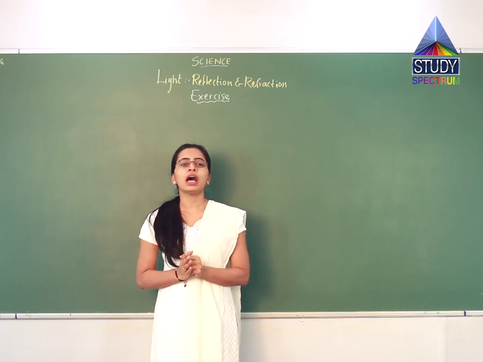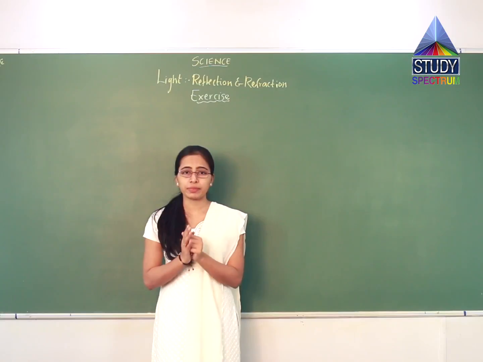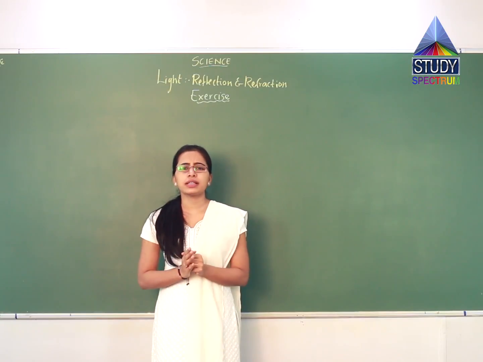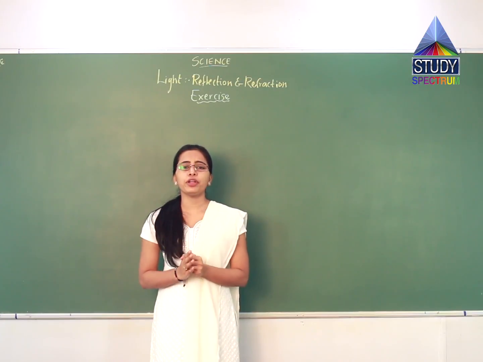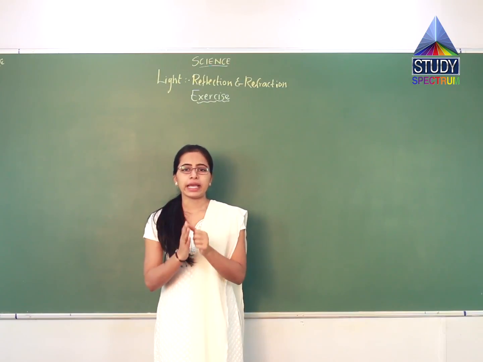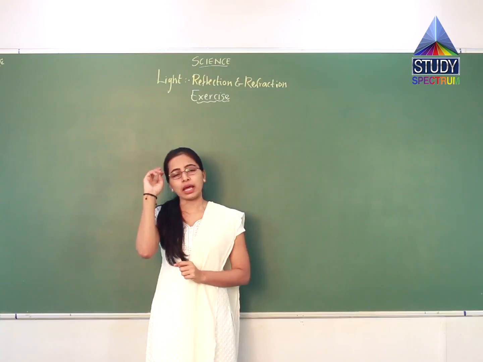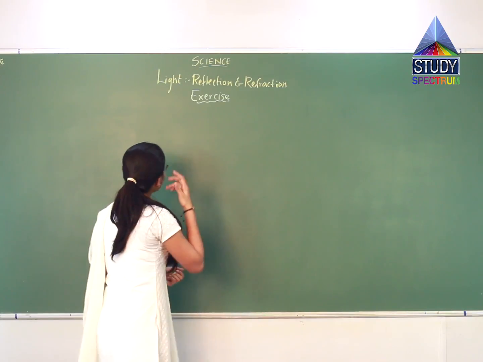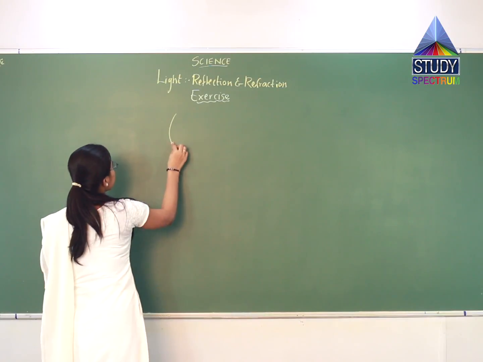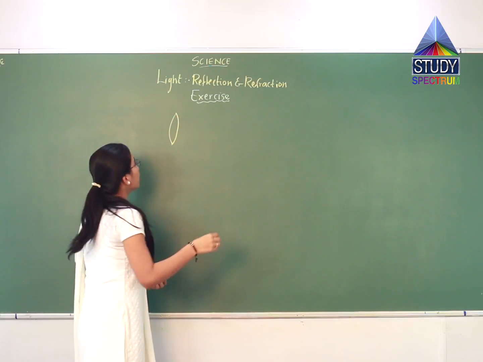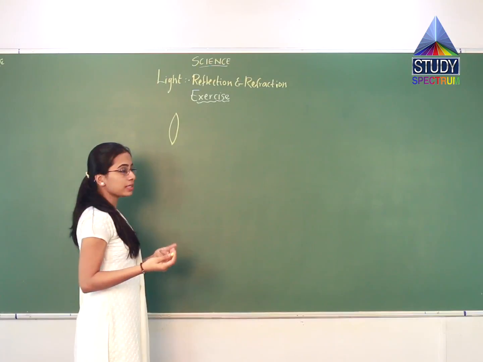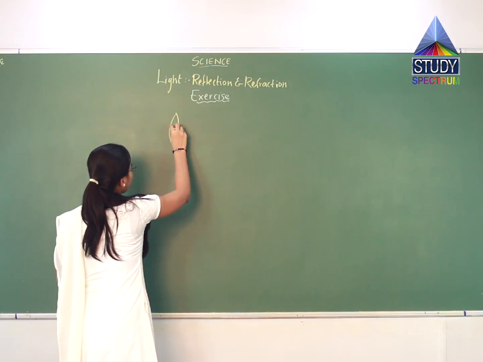One half of a convex lens is covered with a black paper. Will this lens produce a complete image of the object? Verify your answer experimentally. Explain your observation. Now this is a very simple example. See, we have a convex lens. Now there are two cases. We have to cover the convex lens by one half of its part.